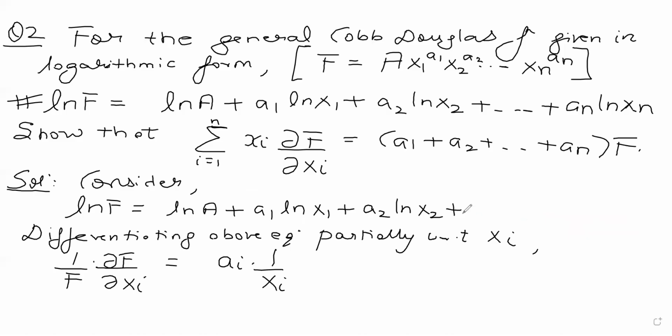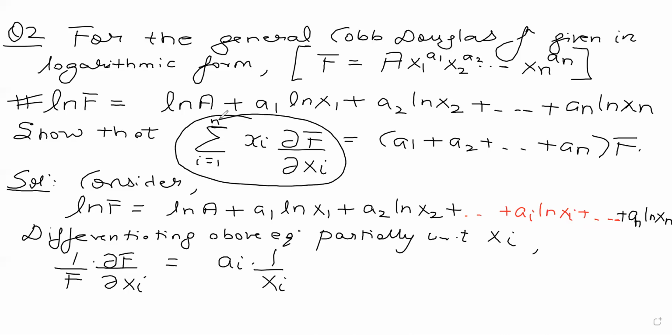So I can write it like this: plus ai ln xi plus dot dot dot we can have an ln xn. So ai ln xi is any term, a general term. So if I differentiate it partially with respect to xi, this is what I get. Now we need to figure out this term. That means I need to multiply both sides by xi.